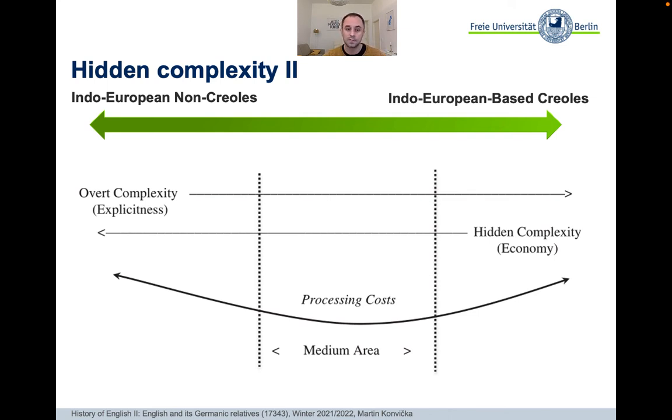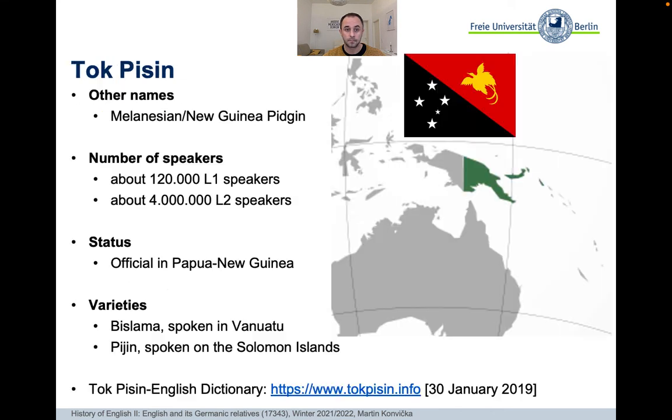Both things that we use to define Pidgin and Creole languages are true, but we have to be careful not to draw an essential difference between these 2 categories, right? So that's important to bear in mind.